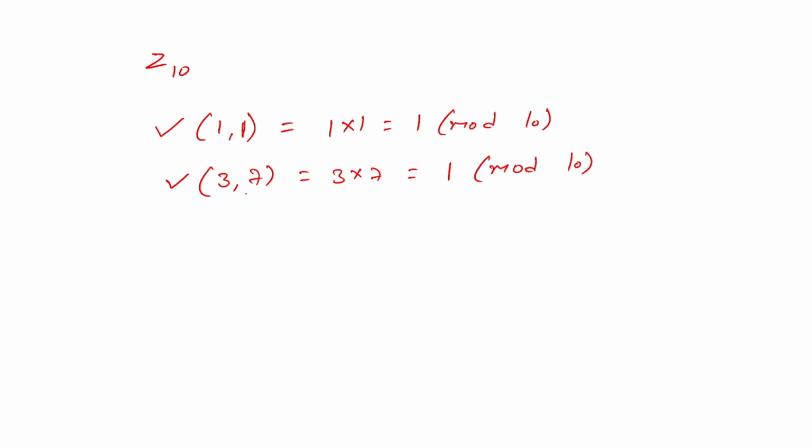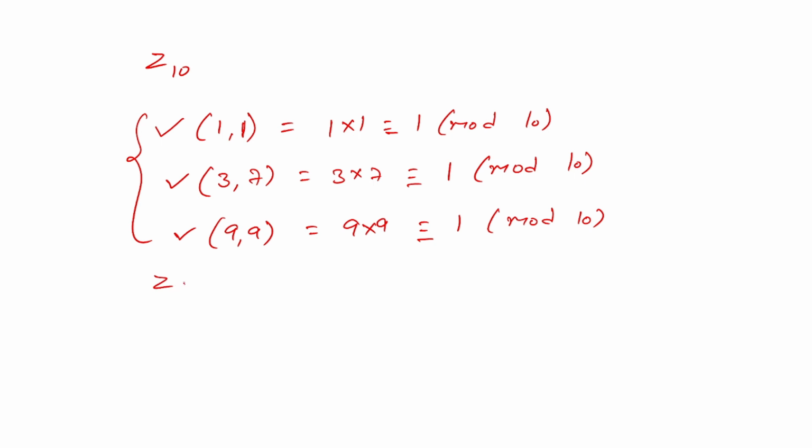3 comma 7 and 7 comma 3, and 9 comma 9, 9 into 9, 81, 81 mod 10 is 1, which is congruent. Okay, so in total 3 pairs we have from Z10, and the same way Z11.